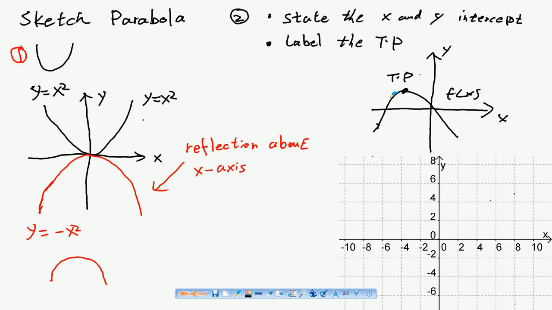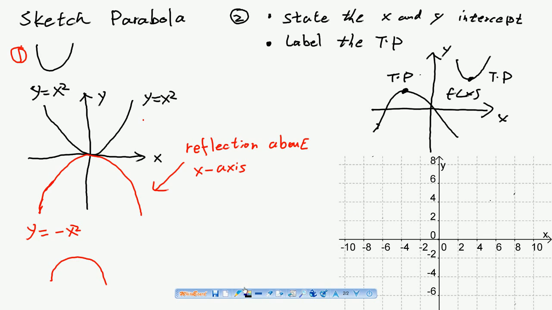If the parabola has this shape, this is a maximum turning point, because at this point the parabola has its maximum value. If the parabola has this shape, the turning point is a minimum turning point.